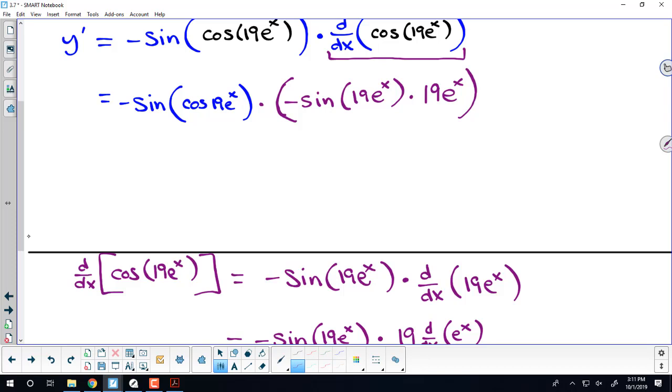Again, this is a single term, it's the sine of that thing right there. Don't get confused and think it's the sine times that. You just have to be really careful with your notation and how you organize this stuff. So we've got a negative 1 times a negative 1, and at least we can get rid of that. Otherwise, the order doesn't matter since all of these things are multiplied together, then our sine of 19 e to the x.